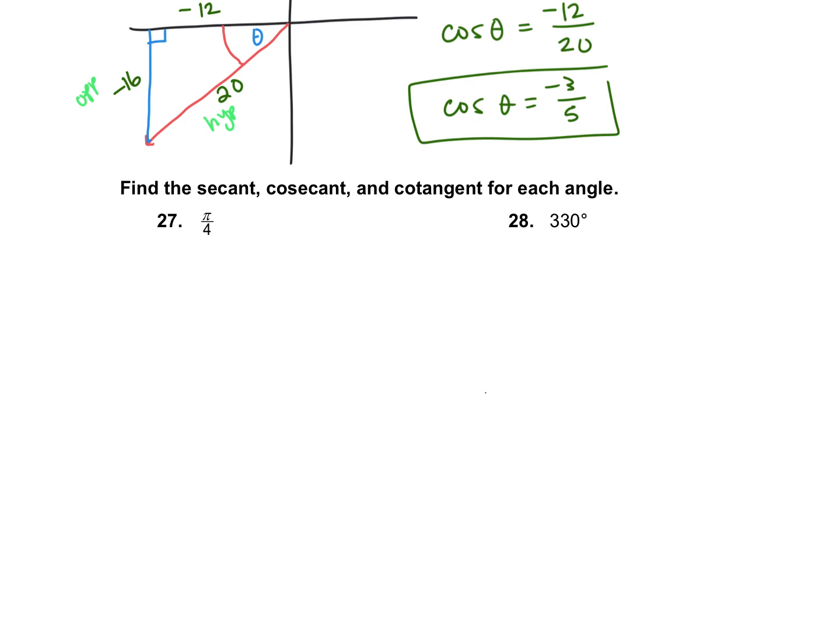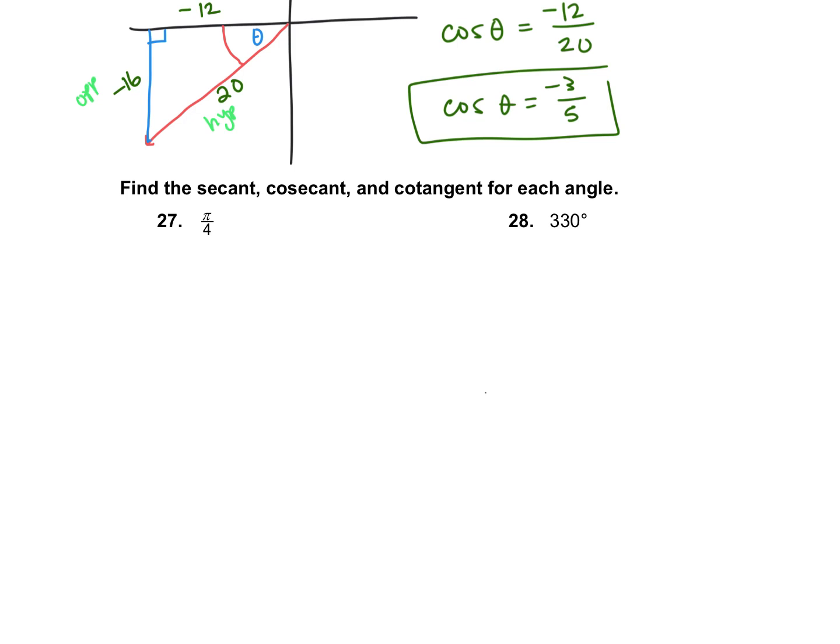But we have to find the secant, cosecant, and cotangent for each angle. So those are our reciprocal trig functions. So we want to draw our angle, create the right triangle, figure out the sides of the right triangle so we can do sine, cosine, tangent, but we're going to do the reciprocals of those.